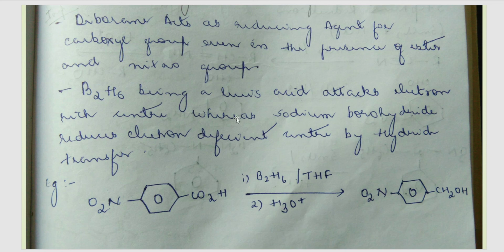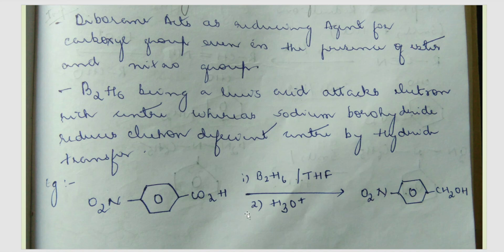Okay, so both of them, that is B2H6 and sodium borohydride, work by different mechanisms. B2H6 attacks the electron rich center, whereas sodium borohydride attacks or reduces the electron deficient center. Here it goes by hydride mechanism, but in this one there is an attack on the electron rich center.